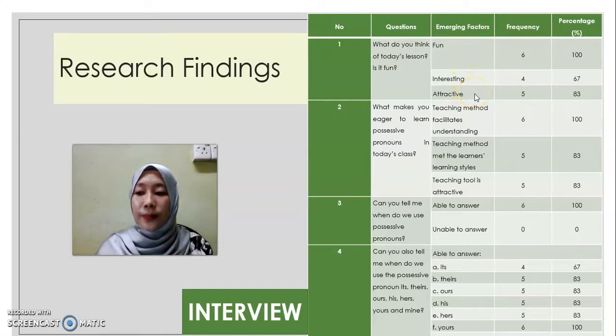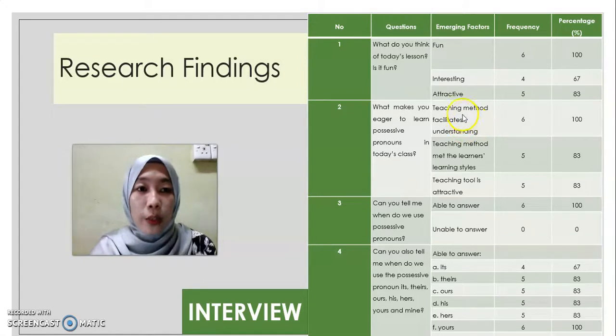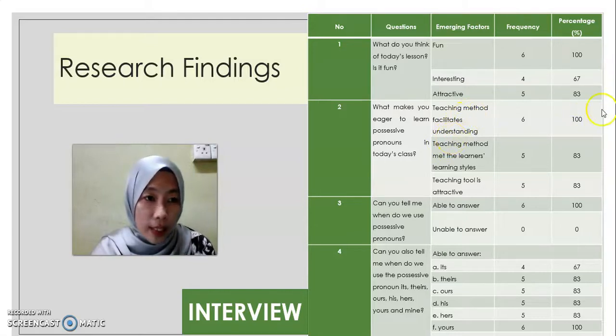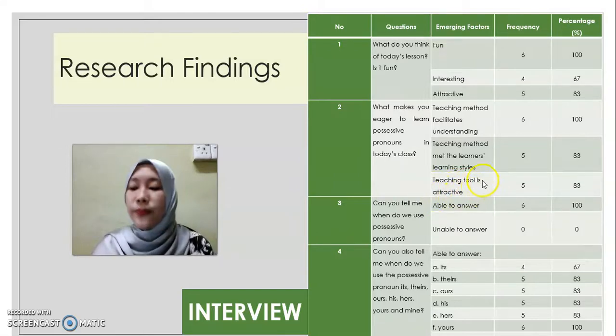Not only that, the pupils also agree that the multimodal approach facilitates their understanding, and they agree that the method met their learning style, and also the tools in the lesson make it more attractive.